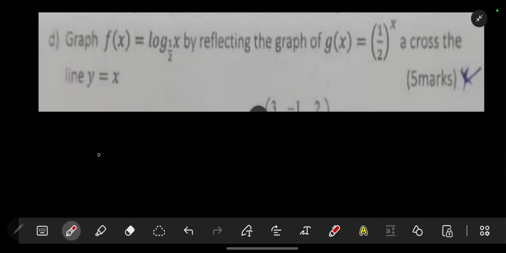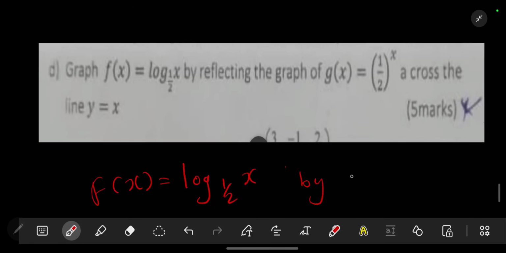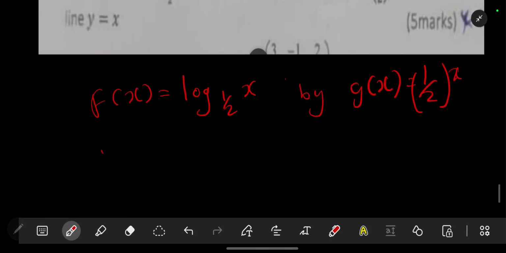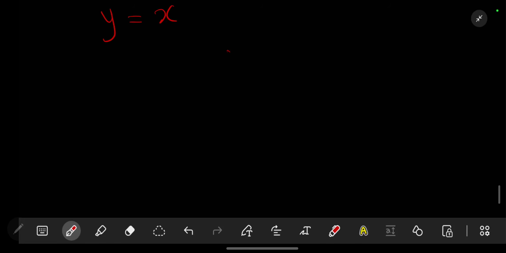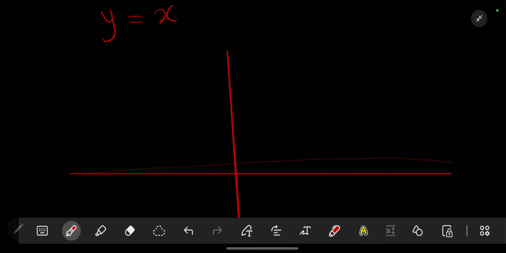We have the graph f of x is equal to the log of 1 over 2 x, by reflecting the g of x is equal to 1 over 2 to the power of x across y is equal to x. So we are going to graph. Now remember, I've already graphed these.